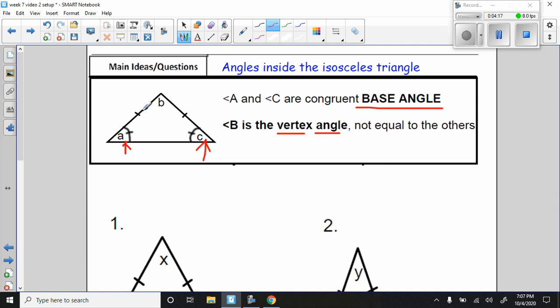It is not equal to these. Now let me show you an easy way to find the vertex. So here are my markings to show my equal sides. If I go to the corner that's between those two markings, it makes like a V. And that angle inside that one is always the vertex angle and not equal to the other two.